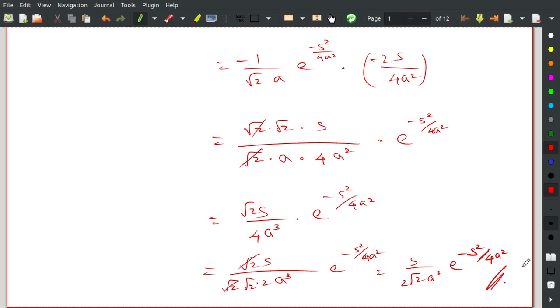Okay, so this is the final answer, and on this side we have the Fourier sine transform of x into e power minus a square x square. Okay, so this is the final answer.